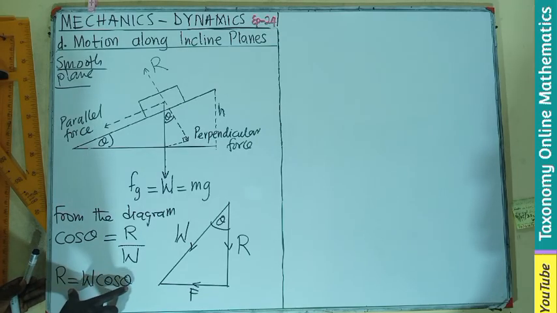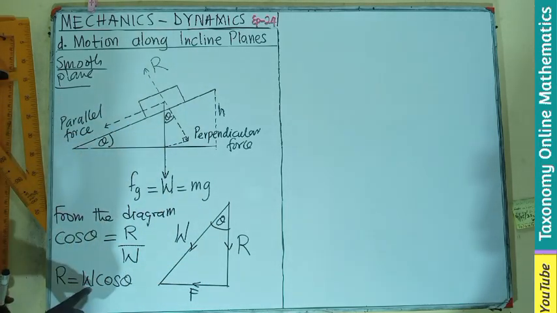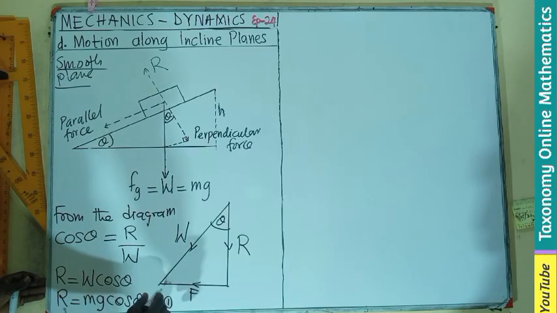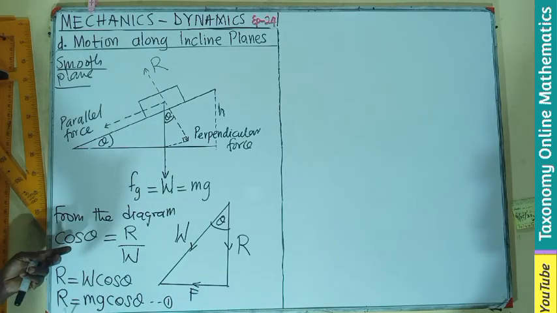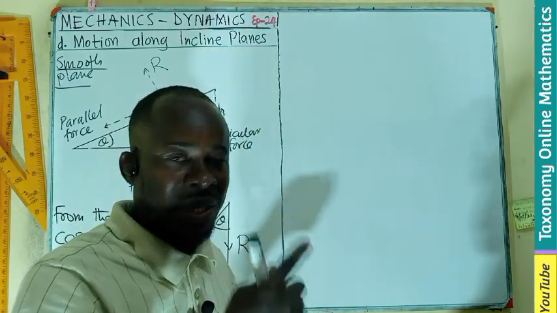And this normal reaction can be given as W, which is the weight of the body, times the cos of the angle made with the ground, which is the same as this. So that can also be R equals mg cos what? Theta. Let me label this as Equation 1.